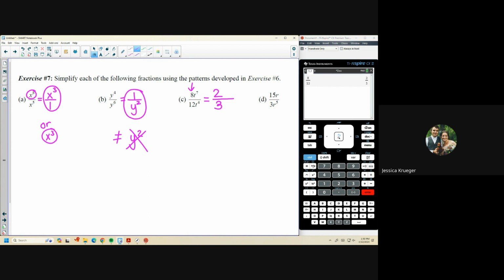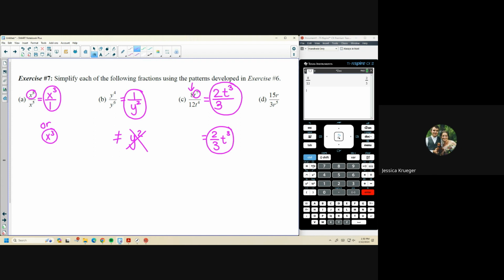Now the question is, where will you have t's left over? Well, there's more in the top. So I'm going to have t's left over in the top. How many? Just 3. So this is one way you could write the answer. The other way you might see it is 2/3 t to the third. Okay, so I want you to see both ways.